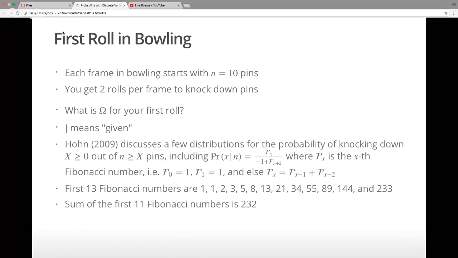How could we come up with an expression for the probability of knocking down the remaining pins on your second roll? Yes. Replace the n by the number of remaining pins. Right, and the number of remaining pins is? For me, it was 0. For you, it's 0. Okay, that's kind of a weird case. But for somebody else or in general, it's n minus x1. So in order to know the probability of you knocking down the remaining pins, you need to know how many are left. You might also want to know where they are.